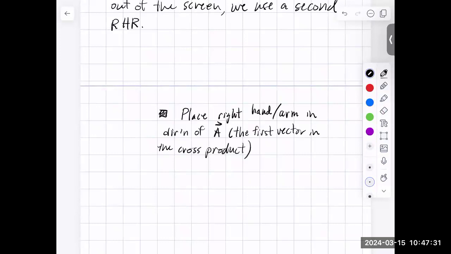So that gives us a bit of a hint already that A cross B and B cross A are not going to be the same thing.